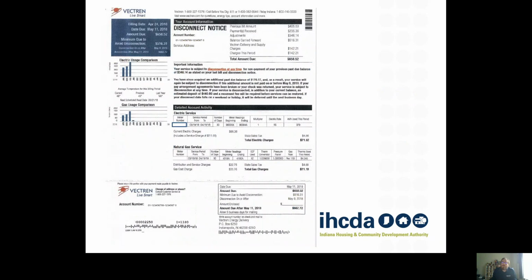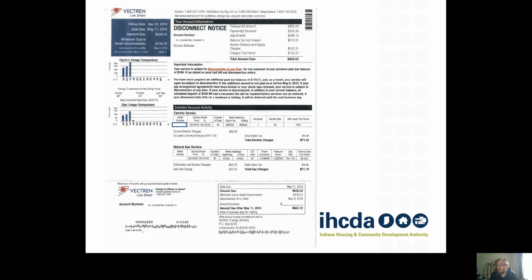So this was an example that was put in for last year. Again, I'm just using the slides from last year, so some of these might be difficult to use. This was basically an exercise I believe we used last year to determine how much crisis. So in this case, the total bill is for $658.52.